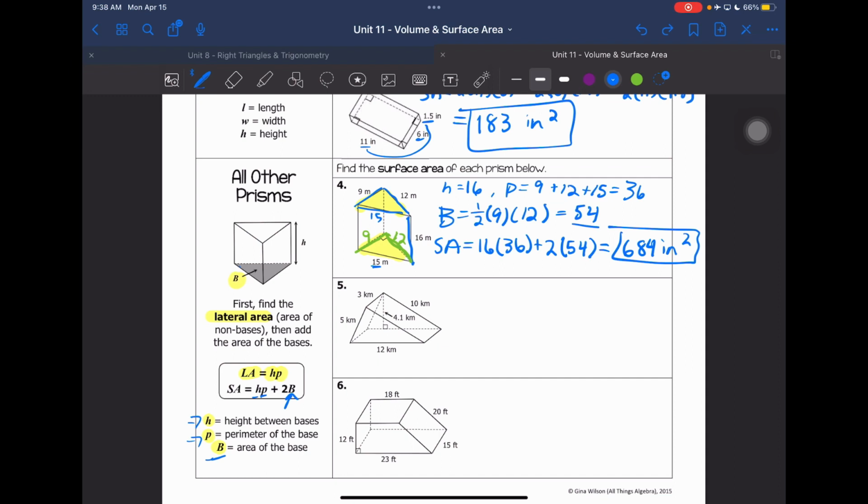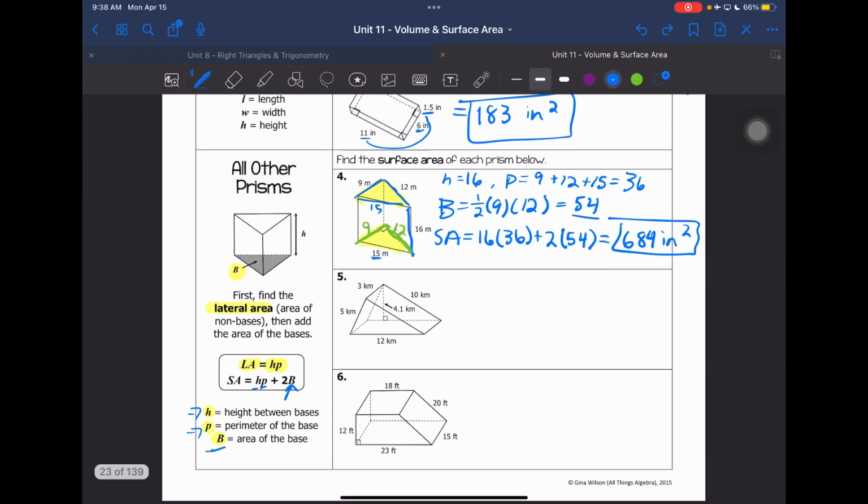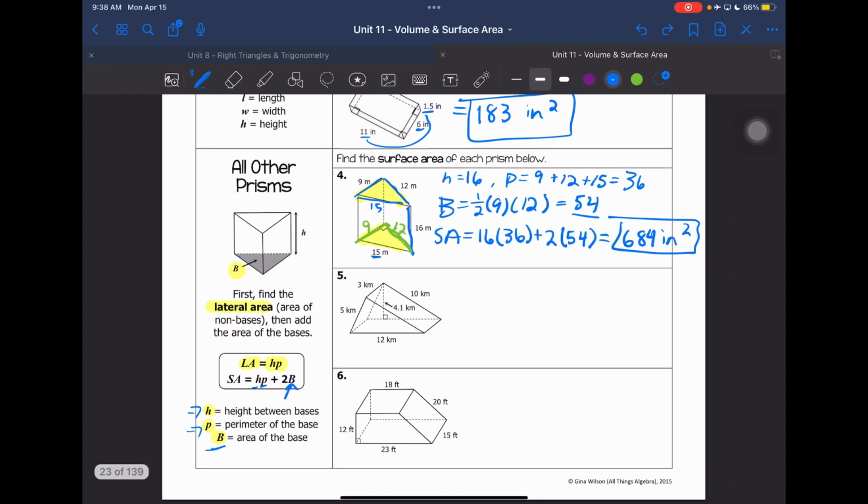So it might be a little bit more complicated because you have to identify the base, the height, the perimeter, and then find the area of the base, and then plug all of that into the surface area formula. But at the end of the day, we're just plugging numbers into a formula and then having the calculator do a lot of the work. So I still think this is pretty straightforward.